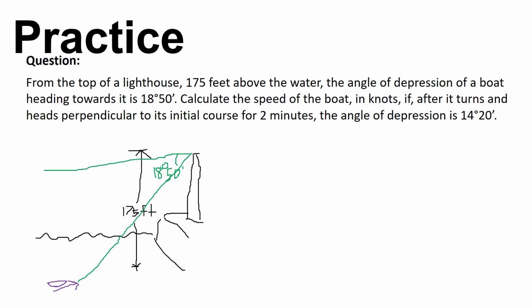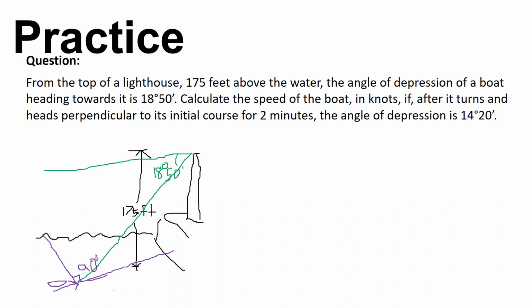Then the boat turns and heads perpendicular to its initial course. So let's try to draw its initial course. The initial course of the boat is headed towards the lighthouse. Then it turns perpendicular. When you say perpendicular, it forms a right angle or 90 degrees from its original course.